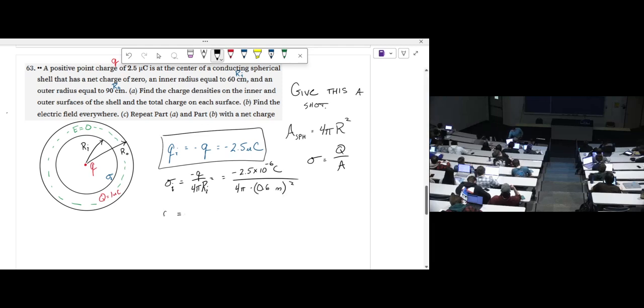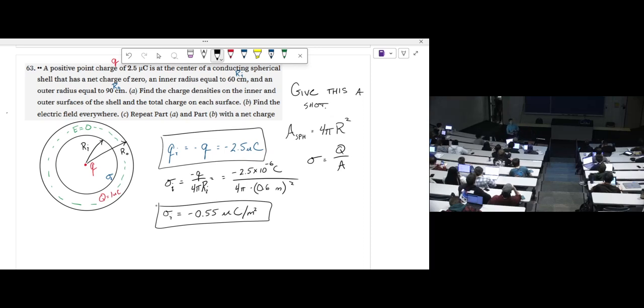That should give you an inner charge density of minus 0.55 microcoulomb per square meter, or negative 0.55 times 10 to the minus 6 coulomb per square meter.